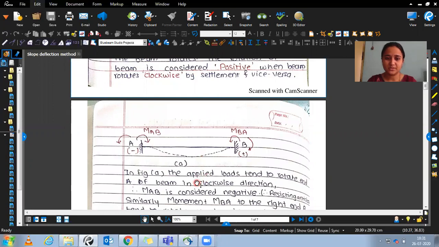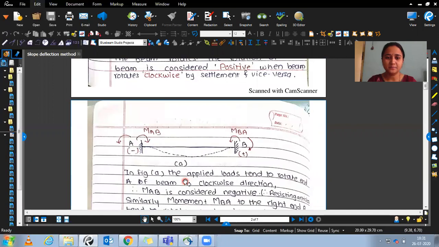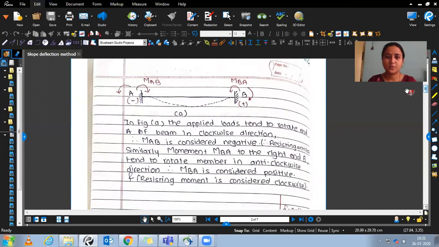Now just see this diagram for end moments. This is a fixed beam, and this is the deflection of the beam because of these end moments. The applied loads tend to rotate end A of the beam in clockwise direction.